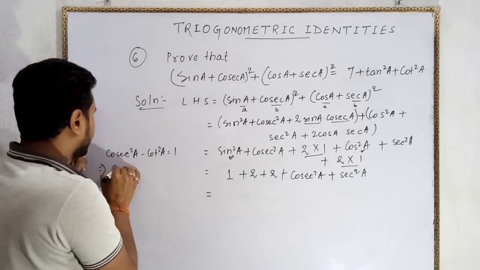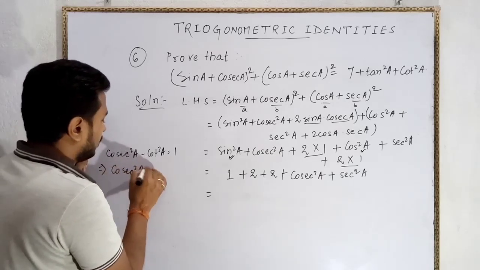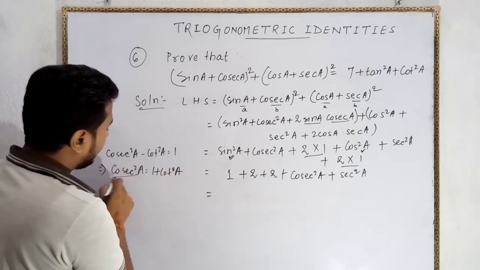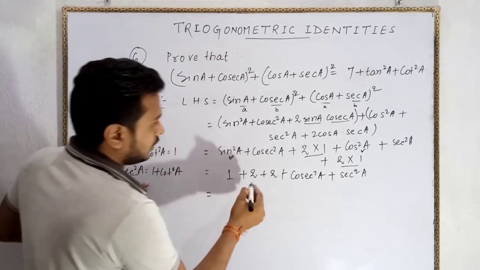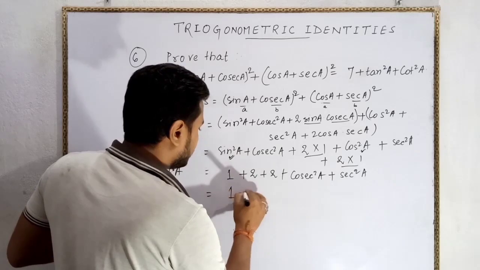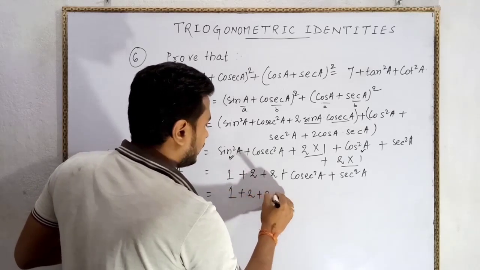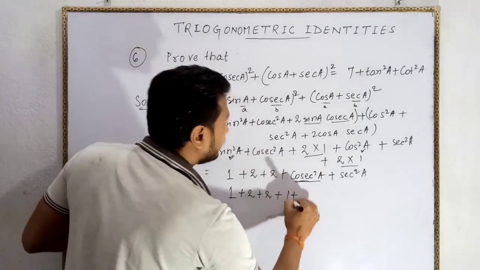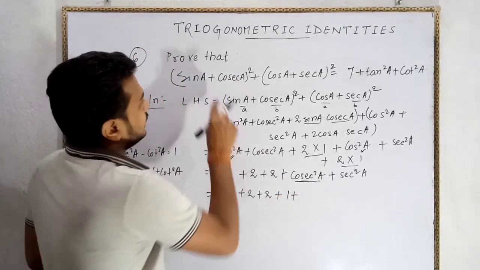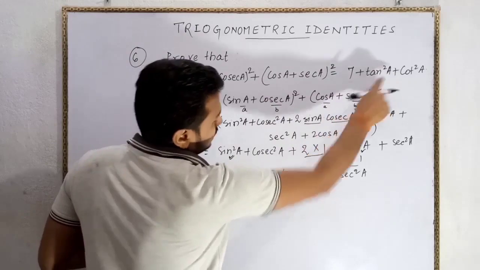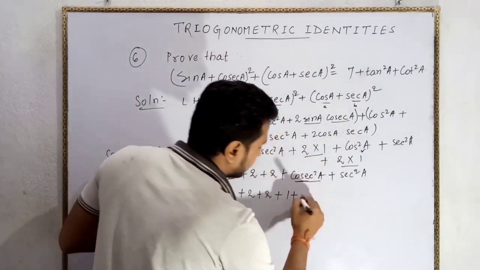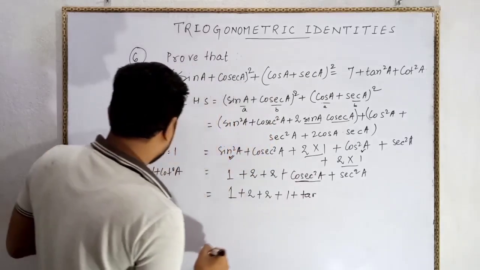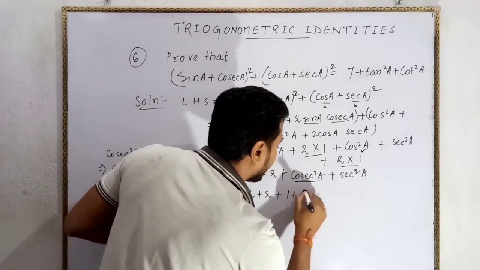We may write cosec square A as 1 plus cot square A, because we have to change this into the form of cot square. So cosec square A is 1 plus cot square A.